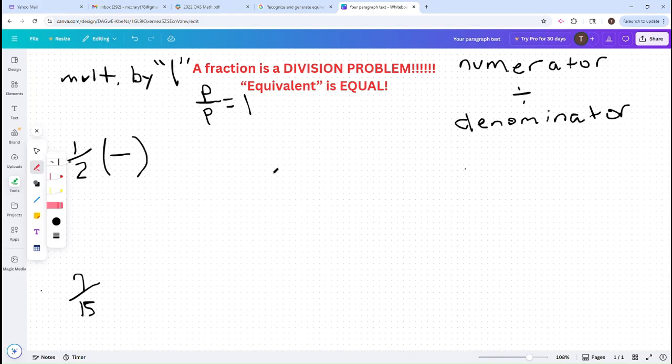If you had $6 for 6 people, the $6 being the numerator and the 6 people the denominator, they would each get $1. If you had $1 for one person, that one person would get $1. If you had $23 for 23 people, and again, division is sharing equally, each person would have $1. So that's the kind of one you're going to multiply this 1/2 by.